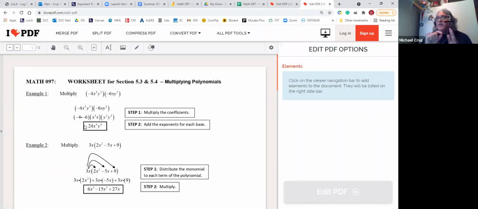Now the x cubed on the left-hand side is multiplying times the x on the other side. So that's x cubed times x. 3 plus 1 is 4. Okay? And then the y squared times the y squared, 2 plus 2 is 4. All right, any questions about that?